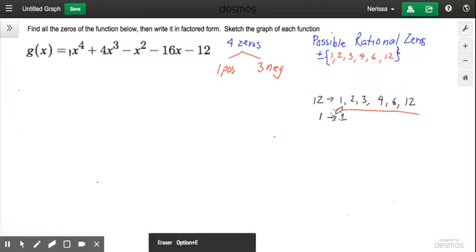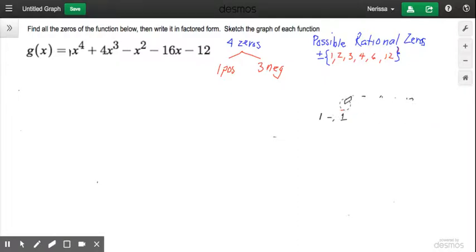Okay, so this tells us that the 4 zeros that we're looking for, we might find all of them in this set. So that means we're not going to attempt to show whether 5 is a zero of g of x or not, because 5 does not belong to the list.